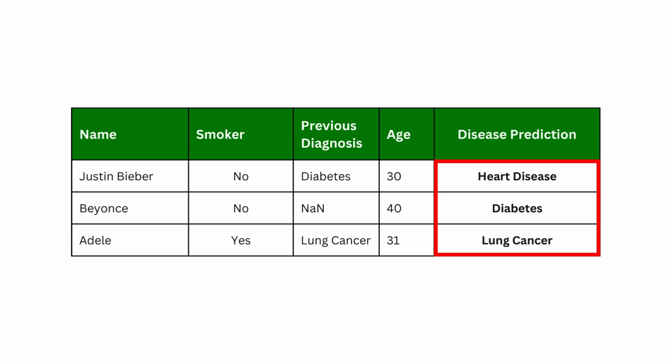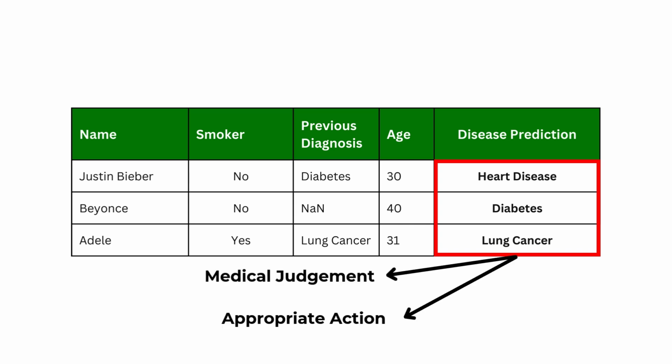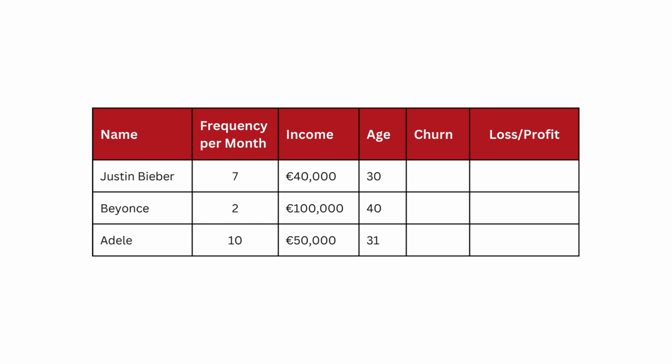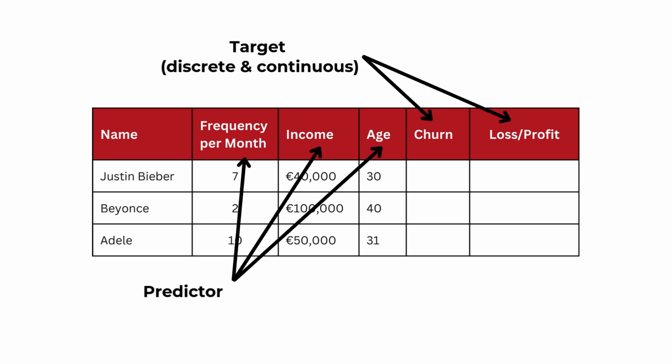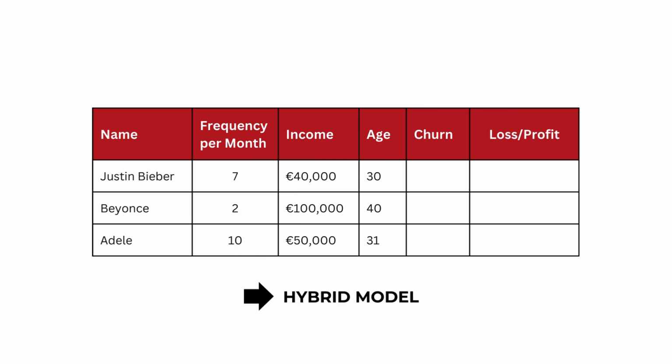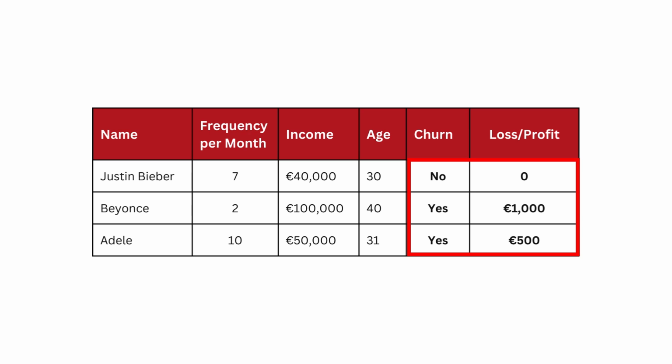From the predicted disease, the doctor can better make a medical judgment and appropriate action. With the final case of the manager, the target is the churn decisions and loss. Because the target values are both continuous and discrete, we use the hybrid model. From the predicted churn decision and losses, the company can design a better campaign strategy.